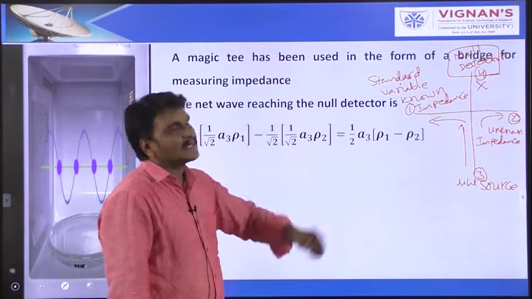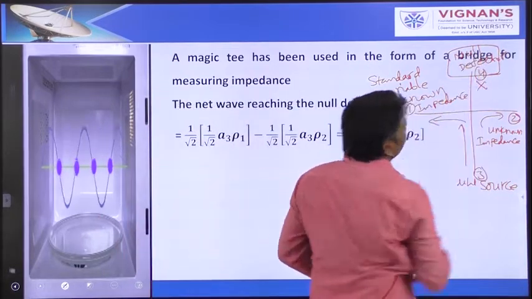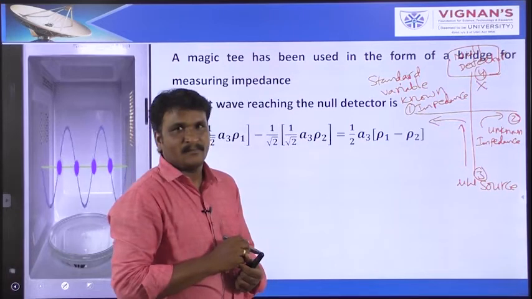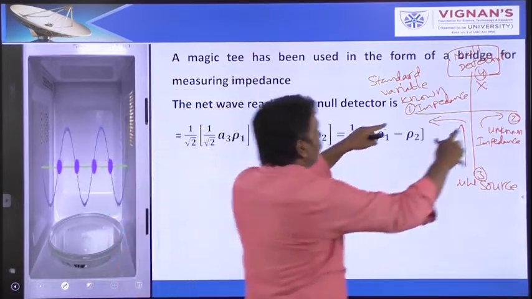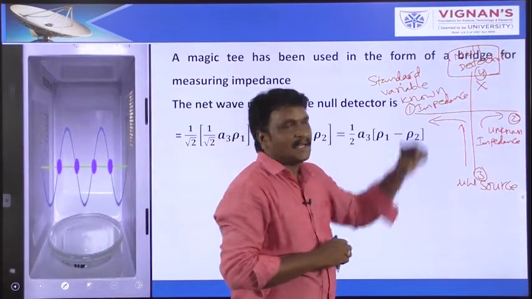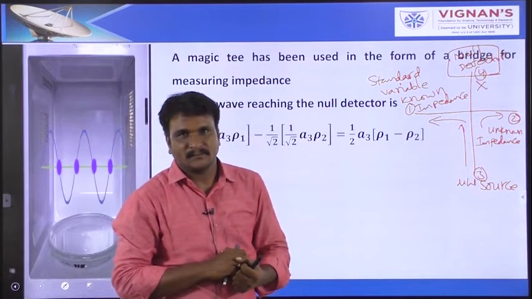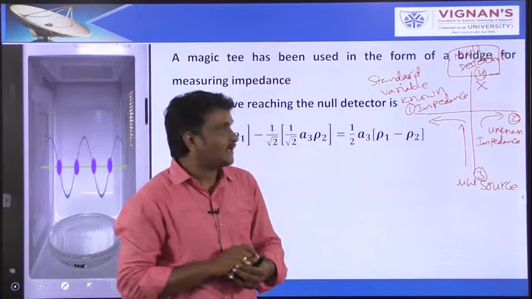Here the condition is, whenever the null detector value is 0, both the impedances are equal. Only then the null detector value will be 0. That is nothing but your bridge is balanced, right?